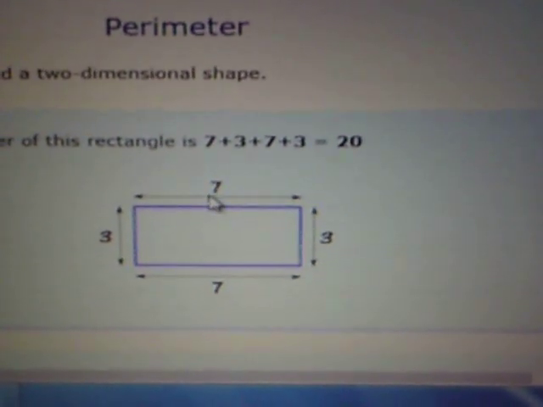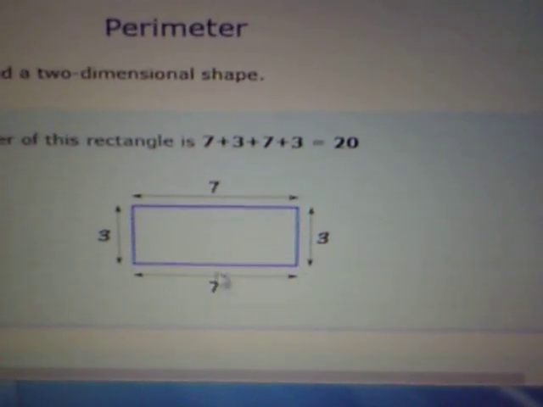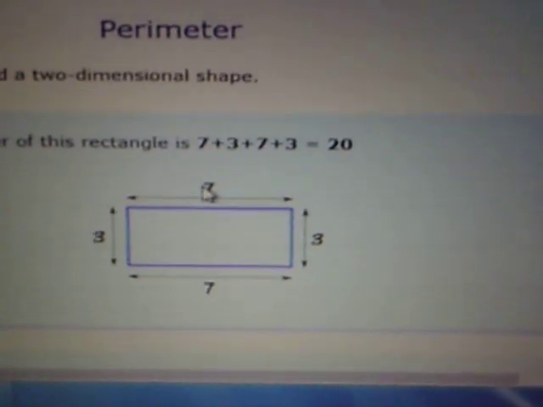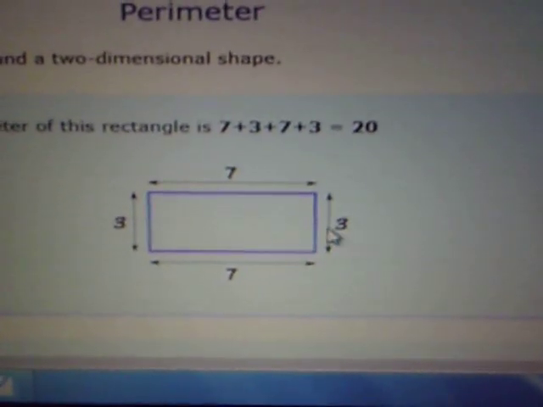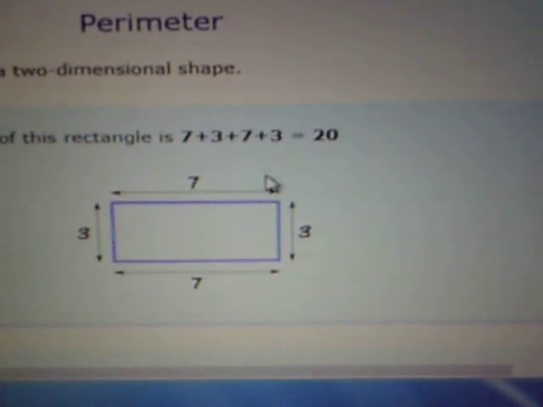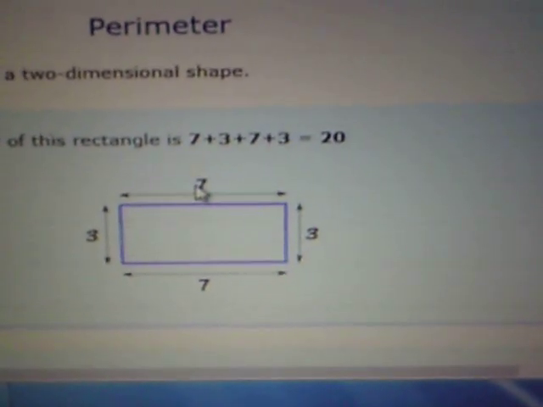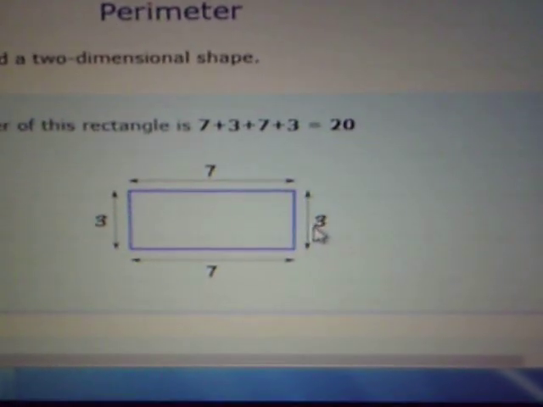When a rectangle has the same distance on the top and the bottom, and of course the same distance value on each side, you can change this formula, and rather than add all the way around, you can say 2 times 7 plus 2 times 3.